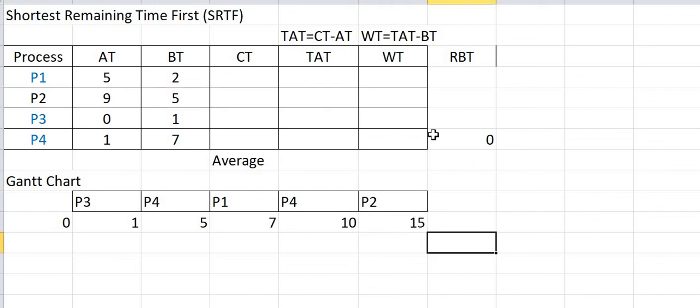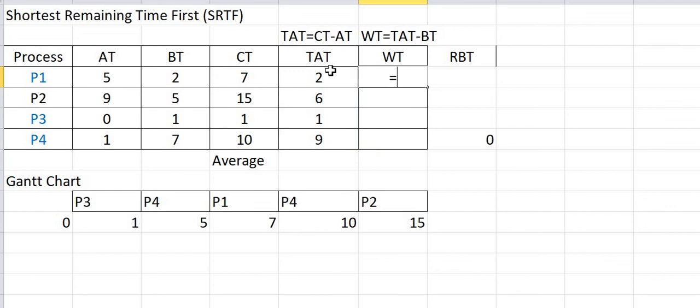So it is 15. If we calculate the completion times, P1 is 7, P2 is 15, P3 is 1, and P4 is 10. The turnaround time is 7 minus 5, that is the completion time minus arrival time.